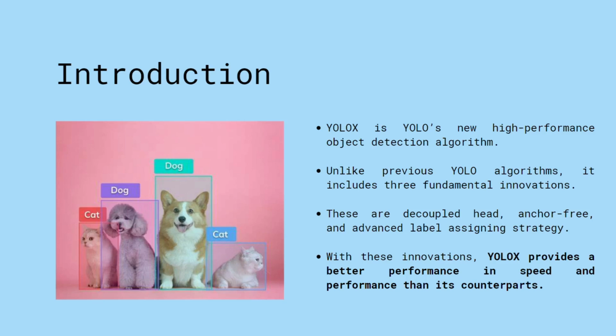The previous YOLO models always used anchor boxes in order to make predictions about the bounding boxes. But in YOLOX, they have completely removed the requirement for anchor boxes, and we will see why they try to implement an anchor-free model. And they also used an advanced label assigning strategy, which is different from the previous YOLO models.